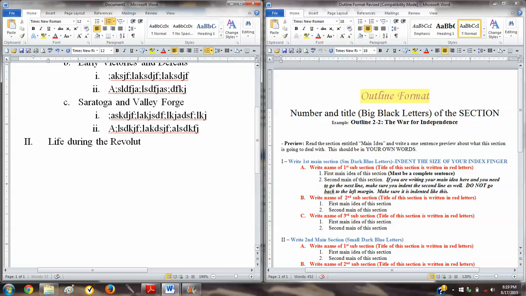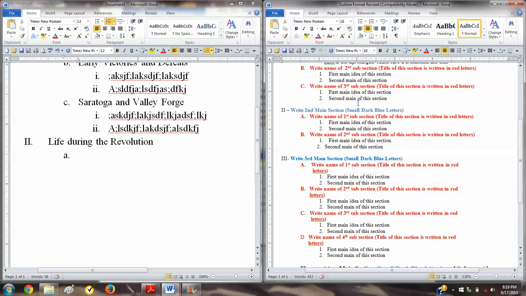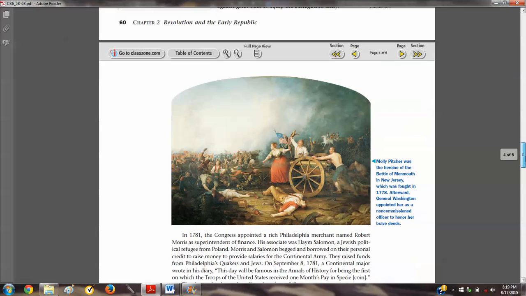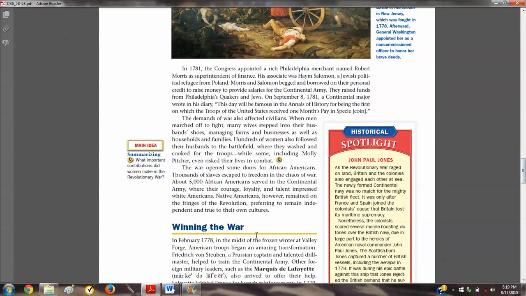Now let's look for A. So let's go back, because look, it tells us Roman numeral 2, write the name of the second main section, dark blue letters, there it is. Now let's go for A. So let's look at the book. Well, there's Roman numeral 2, let's look for 2A, 2A, 2A, 2A. Oh, well, there's a problem. That's Roman numeral 3, winning the war.